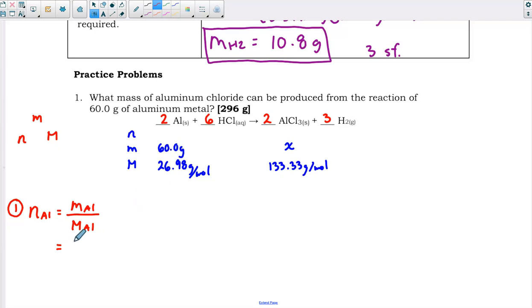Our mass given to us in our question was 60.0 grams. The molar mass of aluminum, as you can see, we are not using the coefficients. They are only used in the molar ratio. So the molar mass of aluminum, looking at your periodic table, is 26.98 grams per mole. When you divide these, you're going to get to 3 sig digs, 2.22 moles.